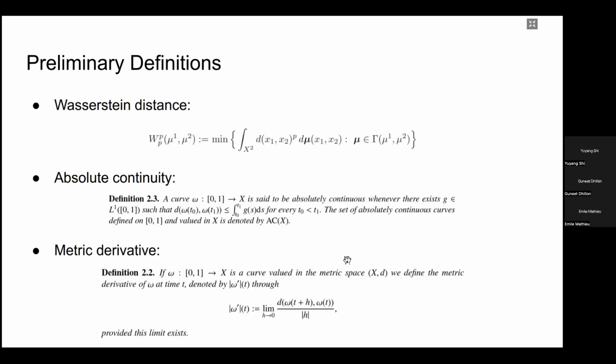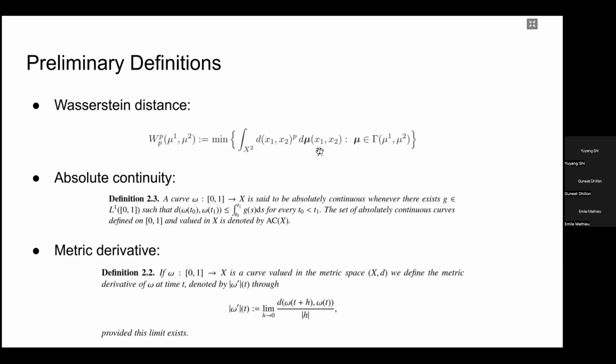So the first one is just to recap the Wasserstein distance between, say, measures mu1, mu2. You define any coupling between them, which is this mu, and you want to minimize the transported distance here, and the minimum of this is the Pth power of the Wasserstein distance.